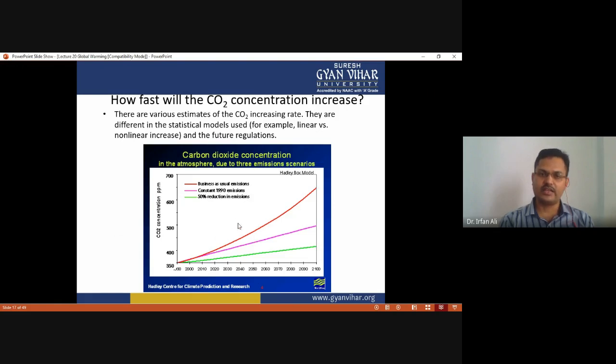You can see that under business as usual, the carbon dioxide concentration continuously rises. And with constant emission, there is still a constant rise in the carbon dioxide concentration, and it has many reasons. And this shows a 50% reduction in the emission.